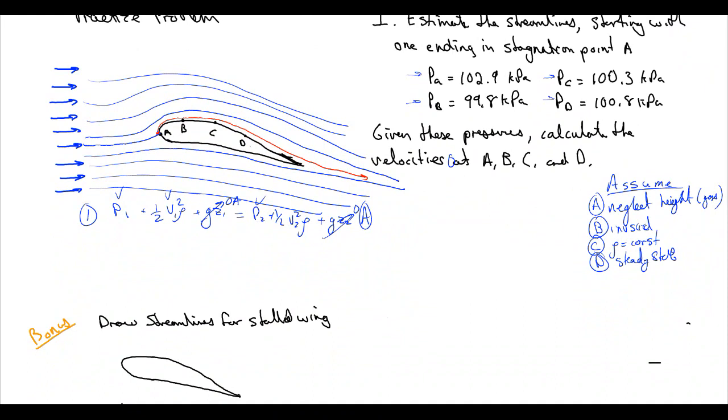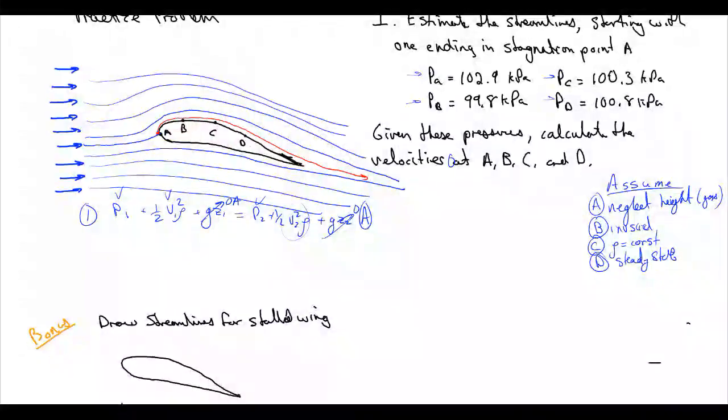Notice we can't actually use the stagnation point itself because the velocity goes to 0 and the fluid never leaves that point. But if we go near it, the fluid will come around and go past these other points. So since we know V1 is equal to 0, that leaves only V2 to be solved for.